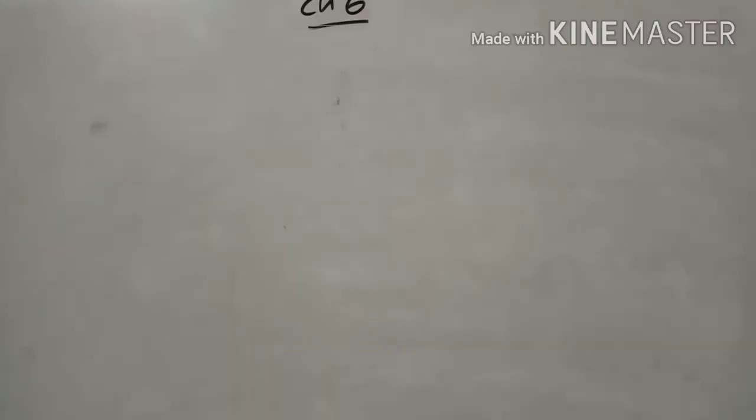Question number 28. It is given that a train covered a certain distance at a uniform speed. If the train had been 30 km per hour faster, it would have taken 2 hours less than the scheduled time. If the train were slower by 15 km per hour, it would have taken 2 hours more than the scheduled time. Find the length of the journey.